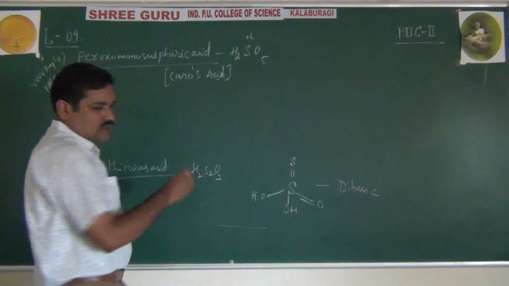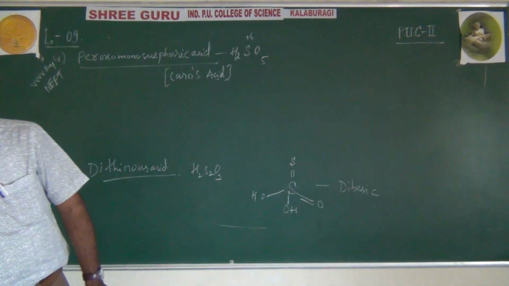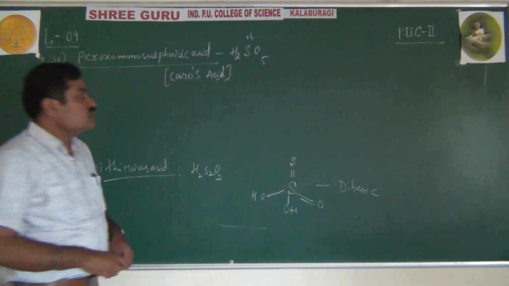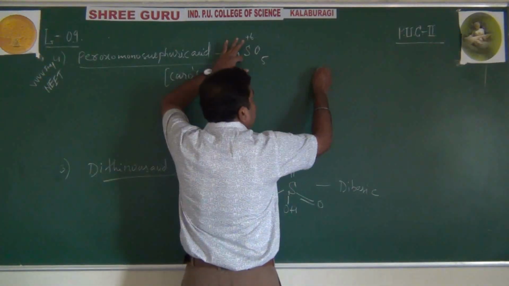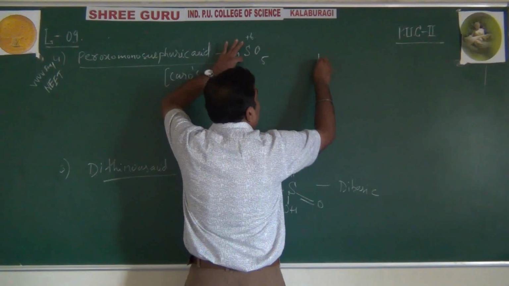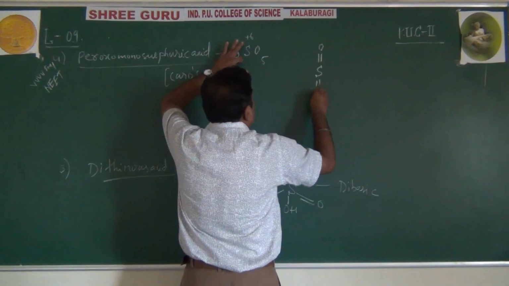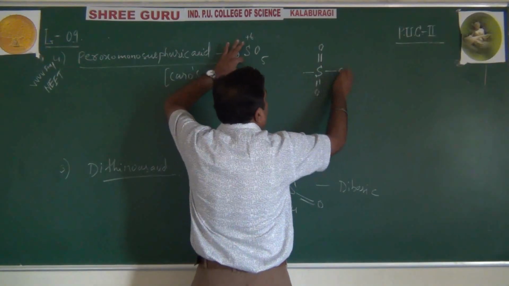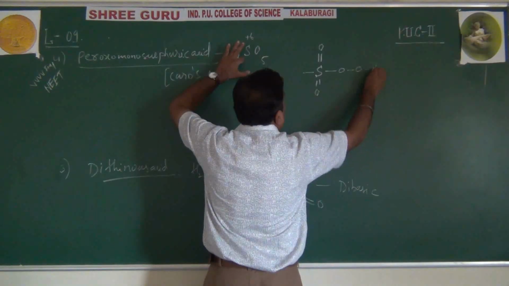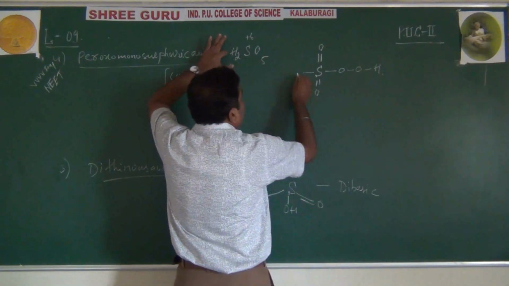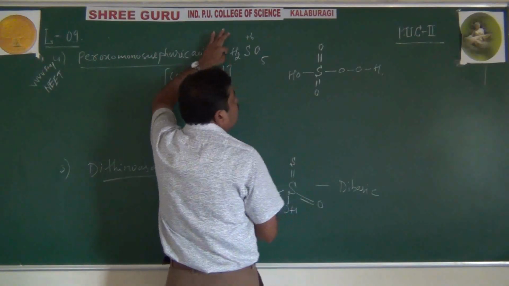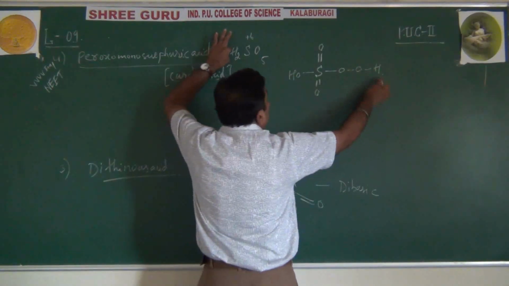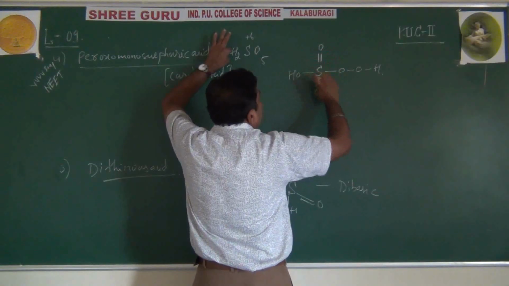You will study the paradox of oxidation number in first year in redox reactions. According to the structure, it is +6. What is the structure? The structure will be like this. See, double bond O, H, H2SO5, 1, 2, 3, 4, 5.